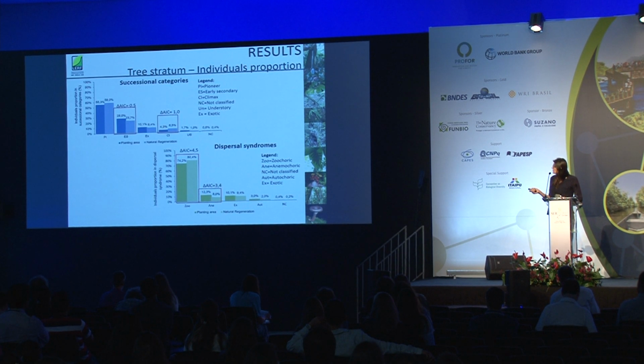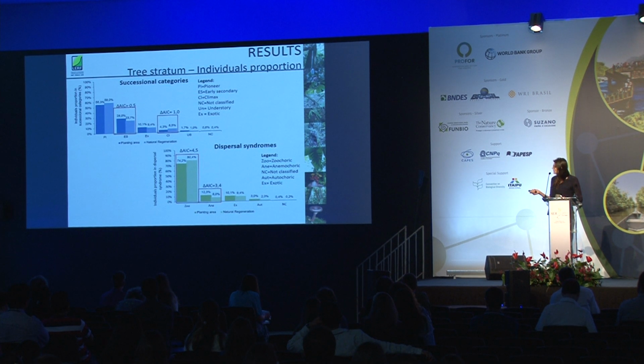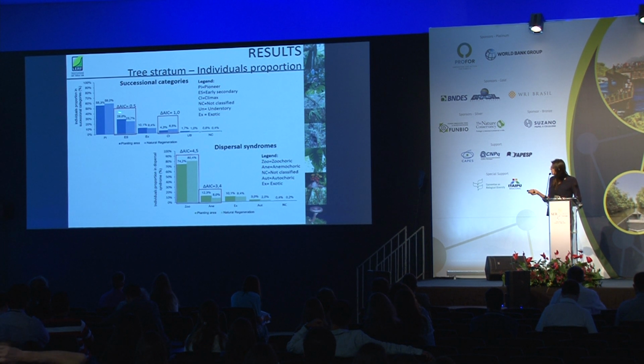The individuals' proportion in the tree stratum were influenced in the early secondary individuals' proportion, showing higher levels in the planting, while the climax individuals were higher in the natural regeneration.